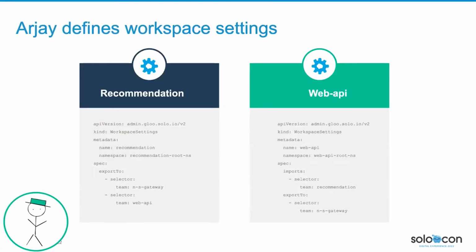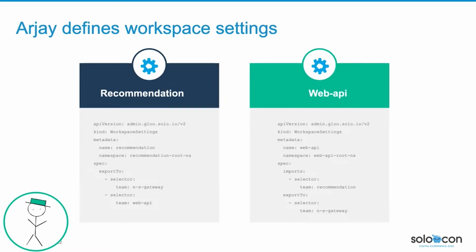So once RJ has been given the workspace, which is the environment that sets up which namespaces and which clusters his team has access to and their services will be deployed to, he's defining some exports here and saying in the recommendation workspace, we are going to export our workspace contents.